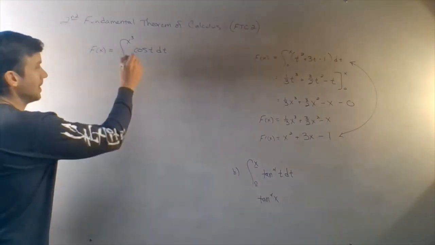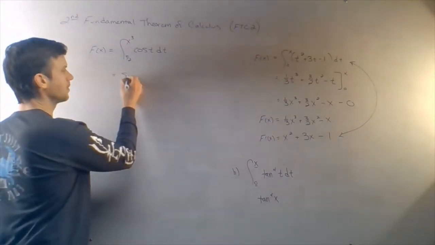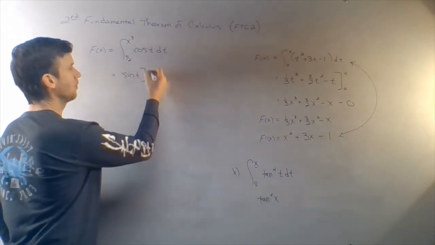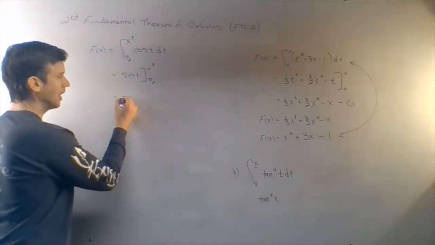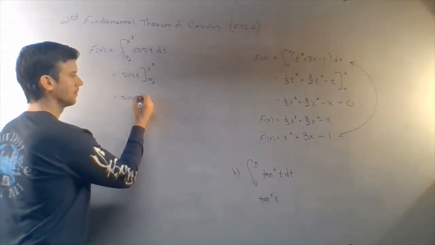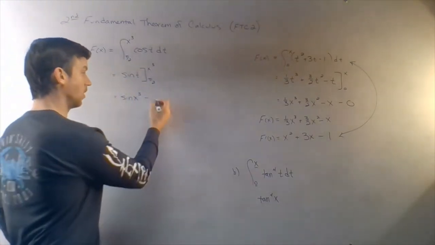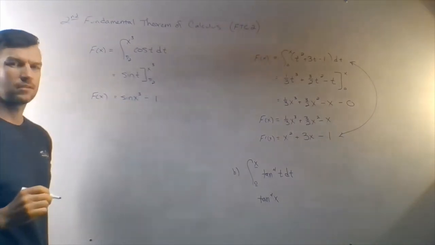The antiderivative for cosine of t is sine of t. We need to evaluate it from pi over 2 to x to the third. So we plug our x to the third in, minus, then we plug our pi over 2 in. Sine of pi over 2 is 1. So this is our f of x.